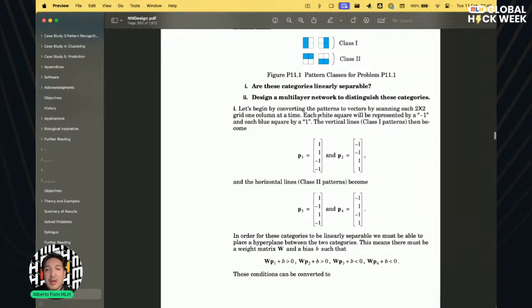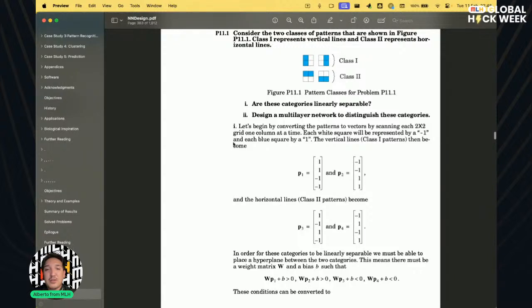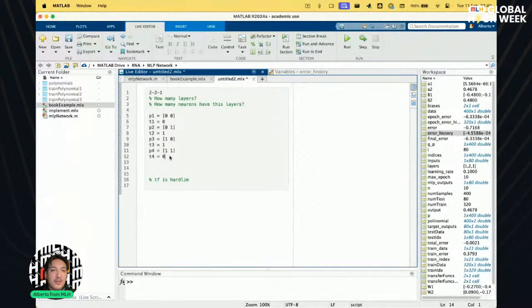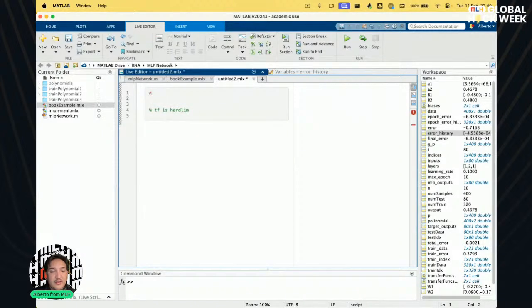Let's begin by converting the patterns to vectors by scanning each 2 times 2 grid one column at a time. This would be 1, 1, minus 1, minus 1. So let's do that in code. P1 is going to be 1, 1, minus 1, minus 1.